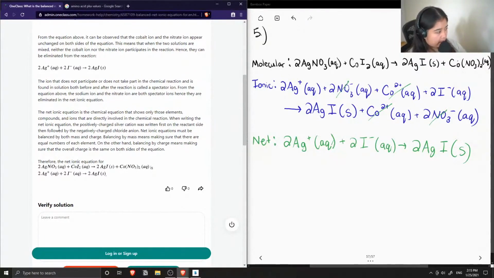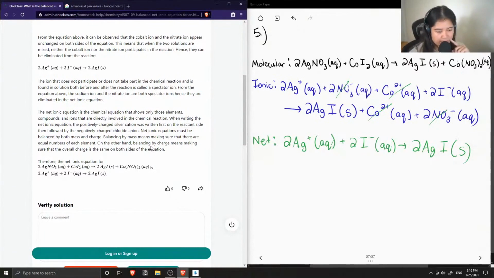When writing the net ionic equation, the positively charged silver cation was written first on the reactant side, then followed by the negatively charged chloride ion, anion. Net ionic equations must be balanced by both mass and charge. Balancing by mass means making sure that there are equal numbers of each element. On the other hand, balancing by charge means making sure that the overall charge is the same on both sides of the equation.